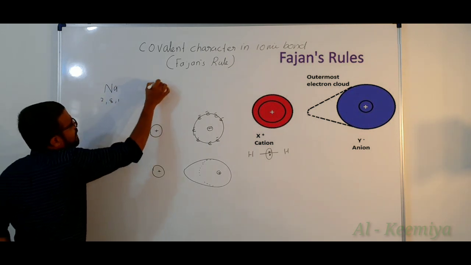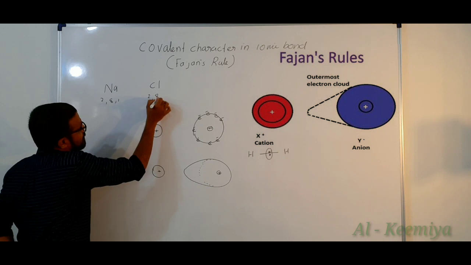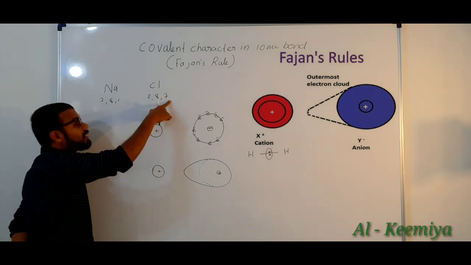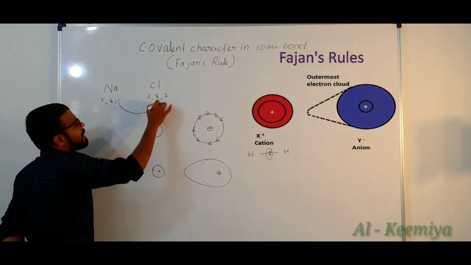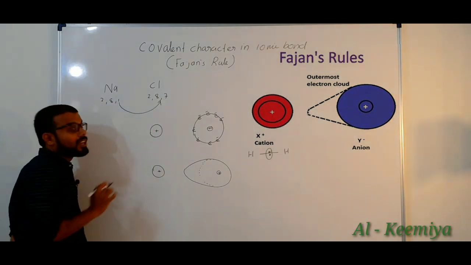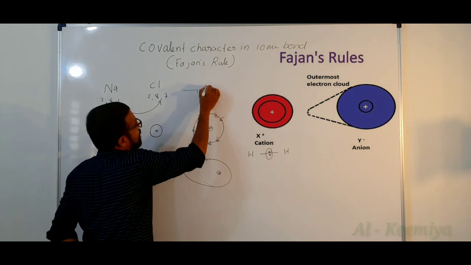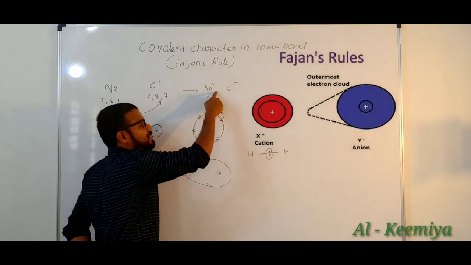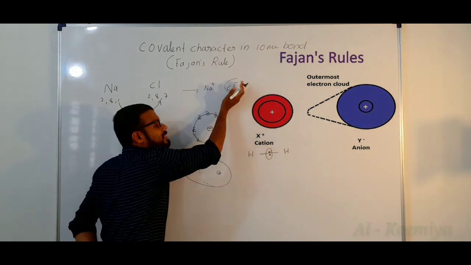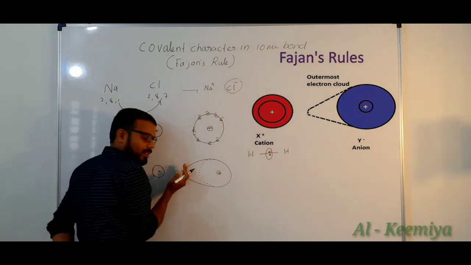Na is 2, 8, 1 and Cl is 2, 8, 7, atomic number 17, total 17 electrons. Here Na has atomic number 11, total 11 electrons. This one electron shifts to Cl. Therefore, what happens? Na plus and Cl minus. This is an ionic bond, positive and negative charge. Now, in this Cl minus, some electron will shift to the center.